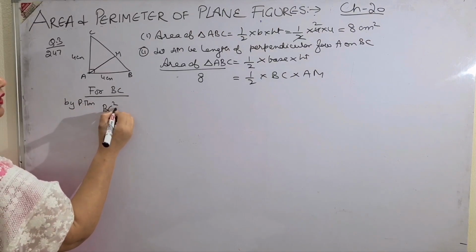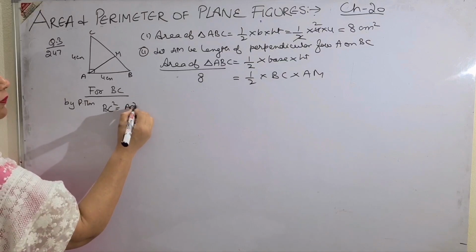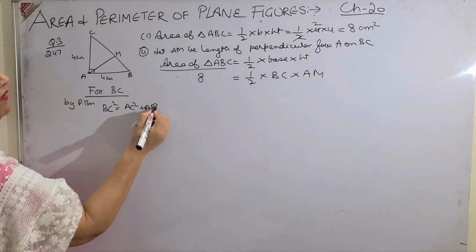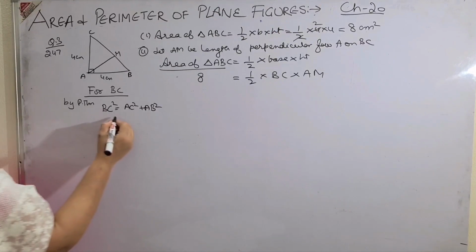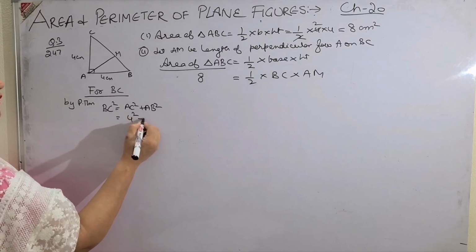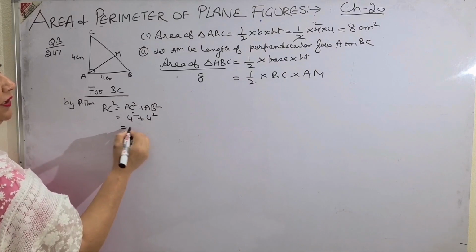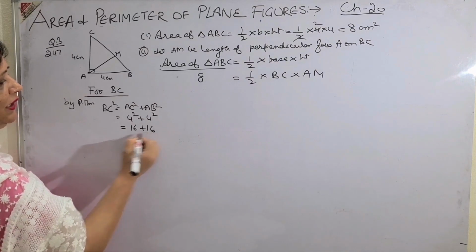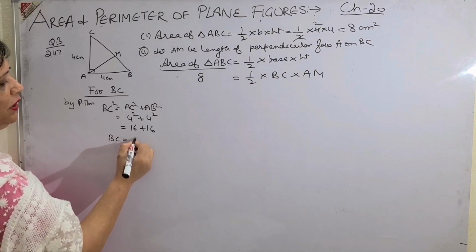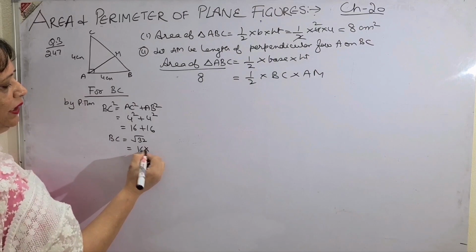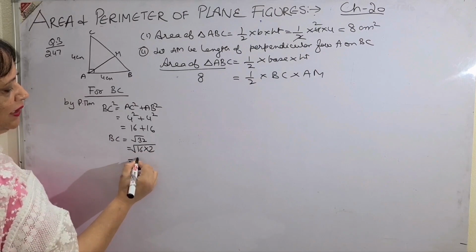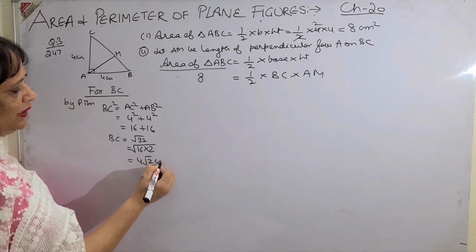BC square is equal to AC square plus AB square. You very well know that in a right angle triangle we can apply the Pythagoras theorem. So AC is given, 4 square, AB is also 4 square, and this becomes 16 plus 16, and ultimately BC is root 32. You can write it like this also, 16 into 2, or 4 root 2 centimeter.